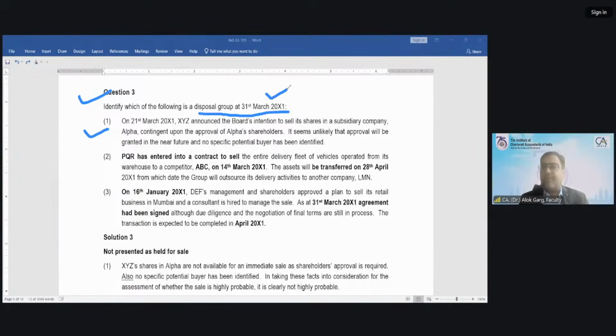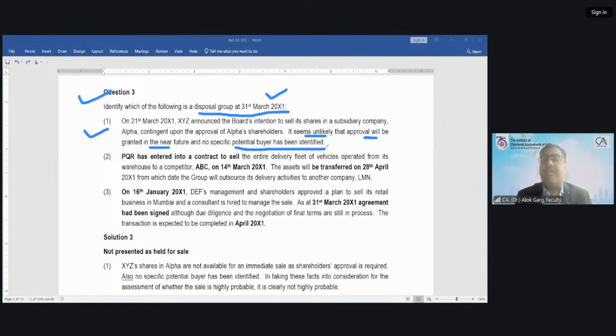So we are talking about 31st March 20x1, and 10 days before the reporting date, the board of the holding company announced to sell the shares in the subsidiary. But this sale is subject to the approval of the shareholders. It seems unlikely that the approval will be granted in the near future, and no specific potential buyer has been identified.